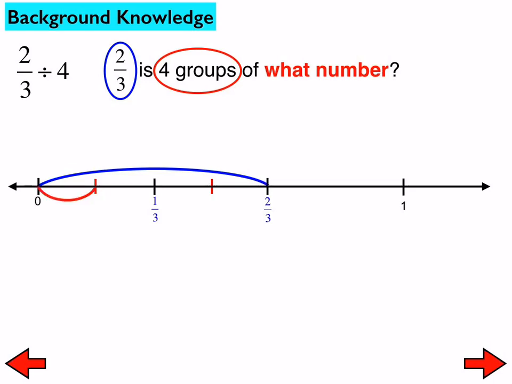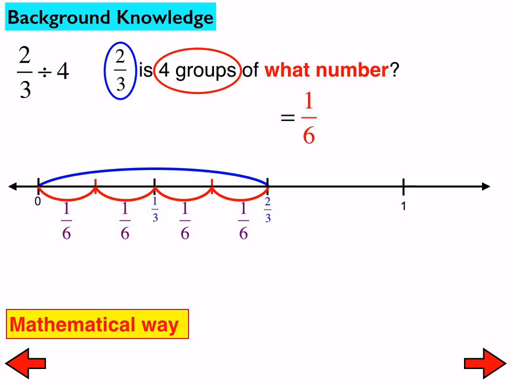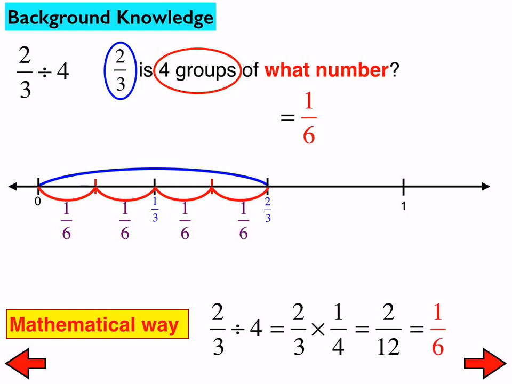And that, of course, would mean that each group there is 1/6. So 2/3 is 4 groups of 1/6. All right. Mathematical way, 2/3 divided by 4 turns into 2/3 times 1/4. And that, of course, is 2/12, which is 1/6.